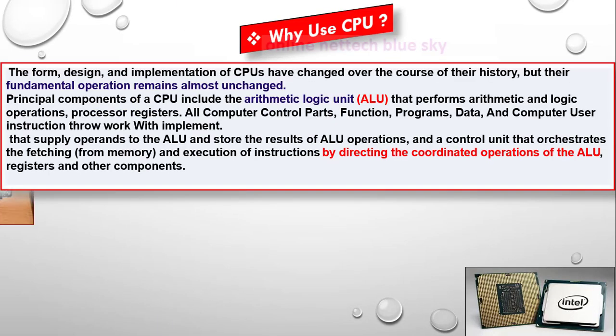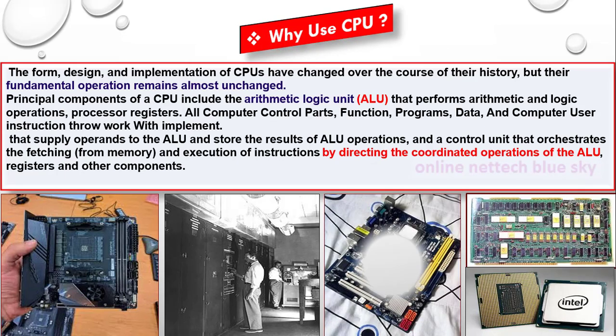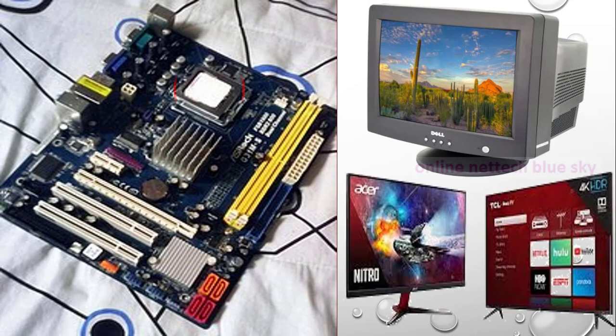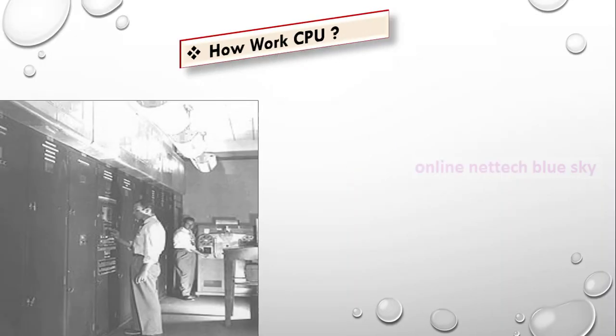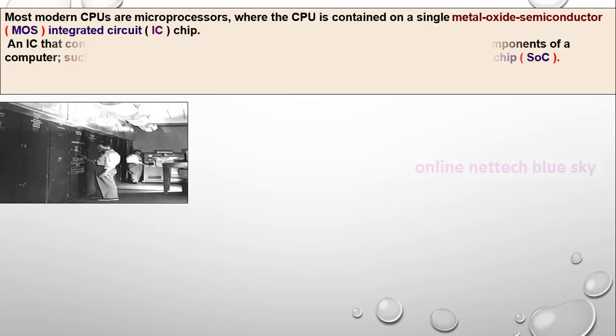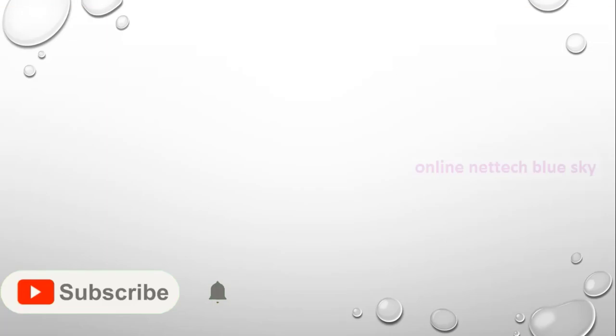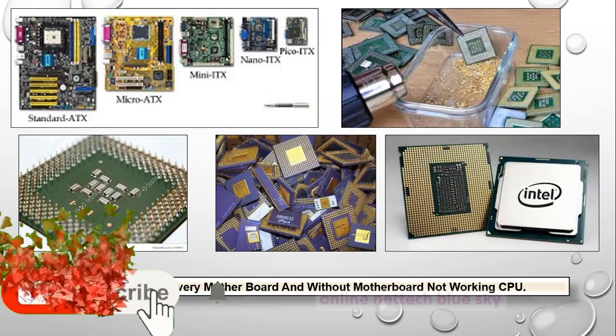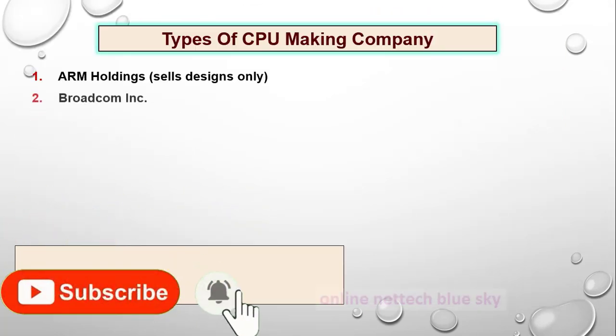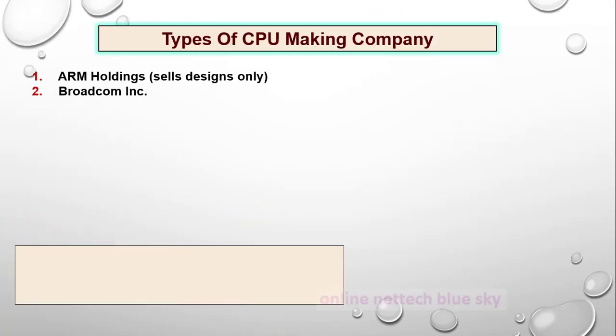Watch the previous video, otherwise you cannot understand why CPU. I have already created videos on these topics, so watch the playlist. I already told you how CPU technology works. This is very important for understanding the types of CPU making.